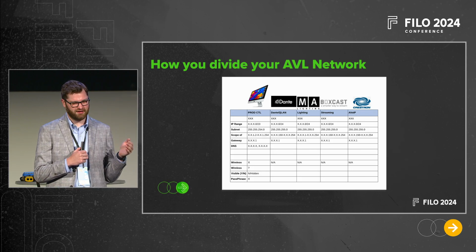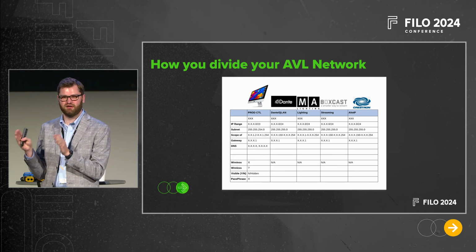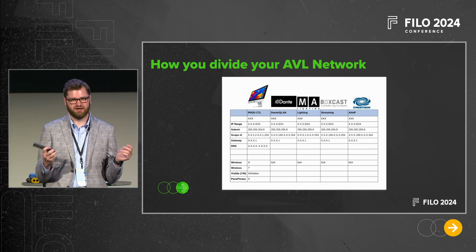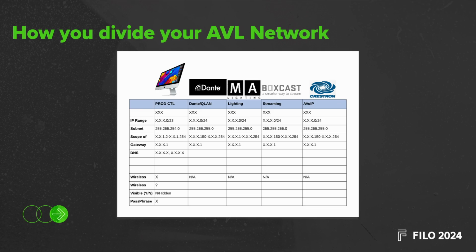So part of that is going to be coordinating with your IT team. We talked about dividing up a network into different broadcast domains. This is what it normally looks like on a typical church that we work with. So we might have a production control VLAN, and in the simplest world, we just link that directly with your house IT department, and they set up a subnet for you.